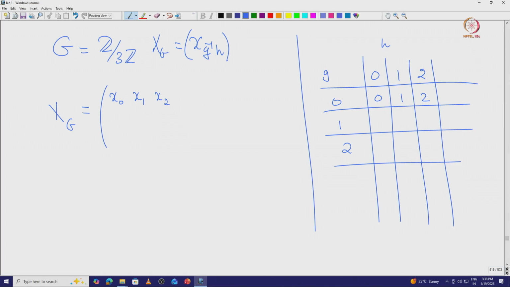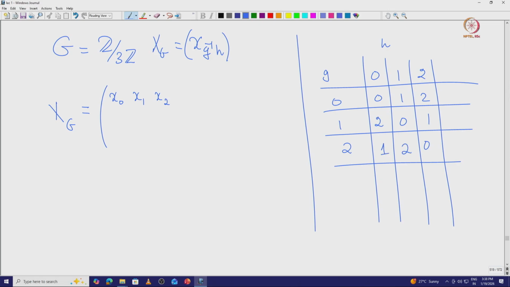So when G is 0, you get 0 1 2. Now when G is 1, the inverse of 1 is 2, so you have to add 2. So you get 0 0 here, and then you have to add 2 here, so you get 2 here, and then here 1, and similarly here you have to add 2 inverse, which is 1, 1 plus 0 is 1, and then here you get 2.